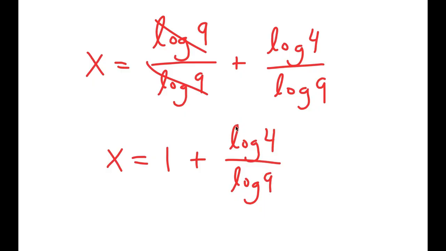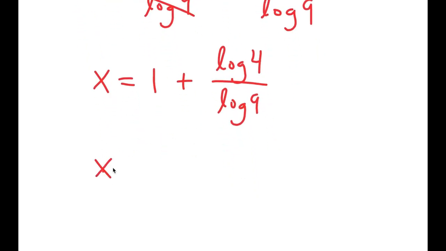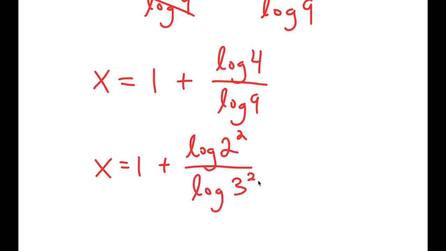From here, I'm going to simplify this by rewriting log 4 as log of 2 squared, because 4 is equal to 2 squared. And I'm going to do the same thing to log 9. I'm going to rewrite it as log of 3 squared.